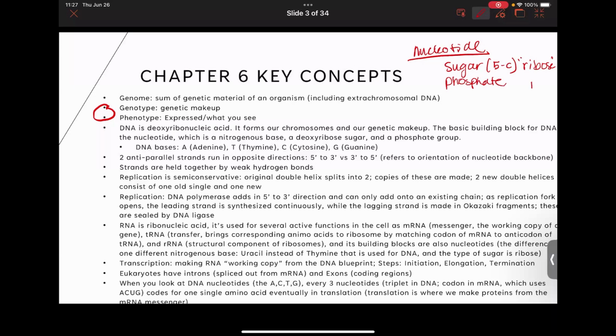Phosphate is a phosphorus atom with oxygens all around it. And those oxygens are very electronegative. Some have double bonds, some will have negative charges on them. Very negatively charged aspect to it. And this sugar phosphate creates the backbone of our DNA structure. And then shooting off of the sugar, we will have the nitrogenous base.